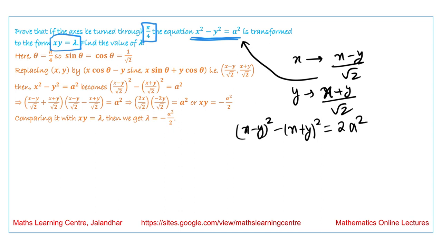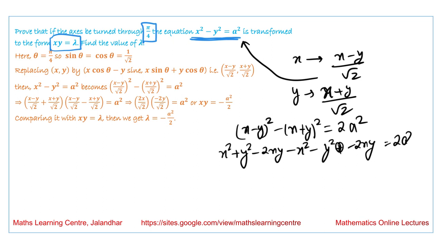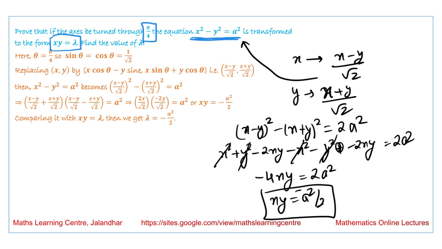If we open these terms, we will get x square plus y square minus 2xy minus x square minus y square minus 2xy, that is equal to 2a square. These terms get cancelled, so we are left with minus 4xy is equal to 2a square, or xy is equal to minus a square by 2.